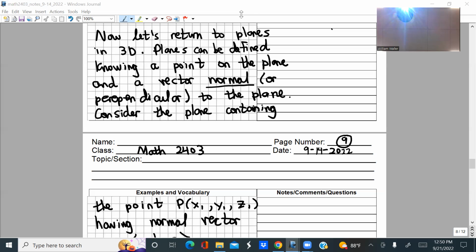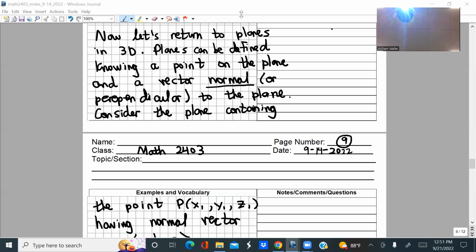But you cannot say I need to know the direction of the plane, because planes go in infinitely many directions. A line has a single direction, but planes extend in infinitely many directions. So it doesn't make sense to say I need to know the direction of the plane. What we substitute for the direction of the plane is what we call the normal vector for the plane.